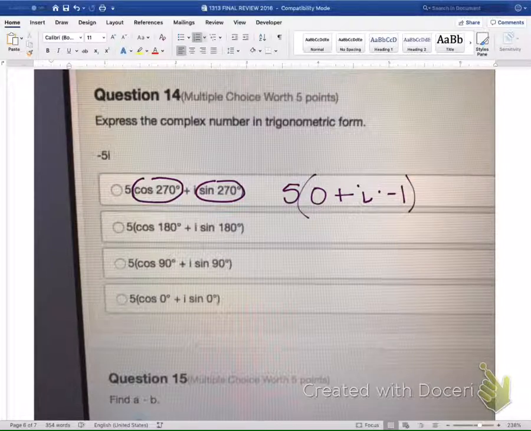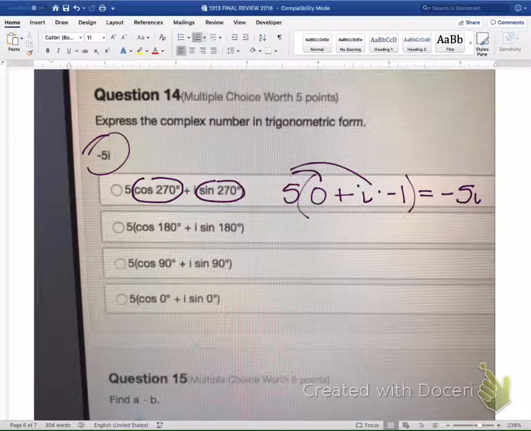So far, I took that answer and I just plugged in numbers for cosine at 270 and sine at 270. Numbers you should know how to find, right? Let's distribute this 5 and see what we get. 5 times 0 is 0. 5 times negative i is negative what? 5i.